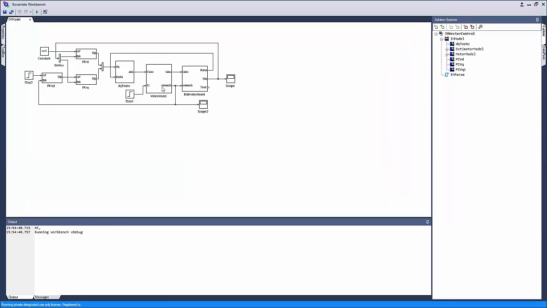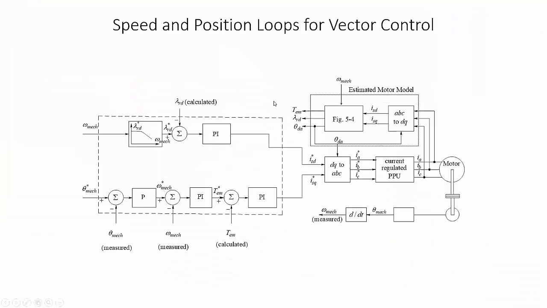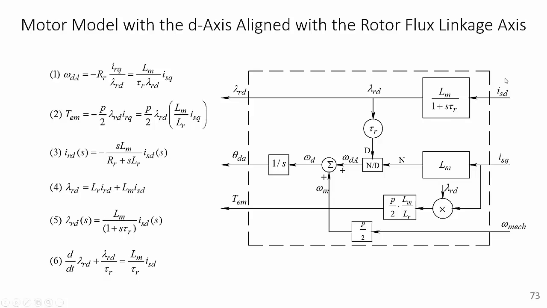So we have the motor model that we are just using from our previous simulation that we had designed. And I've just placed them all into a subsystem. And we are going to measure the current and the speed. And based on the current and the speed, we are going to obtain the rotor flux linkage space vector position based on the model that was given in slide 73. So we have the measured current, ISD, ISQ, and the speed.